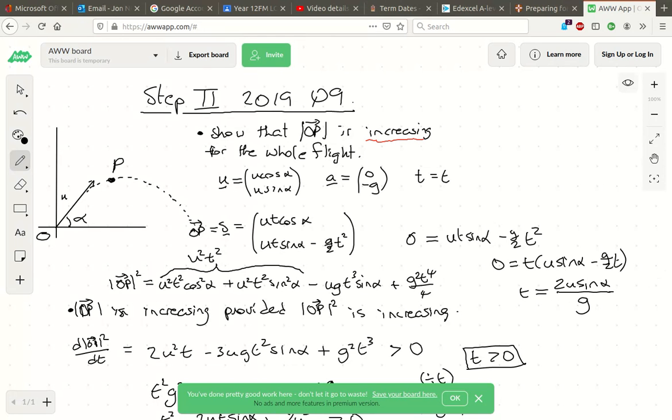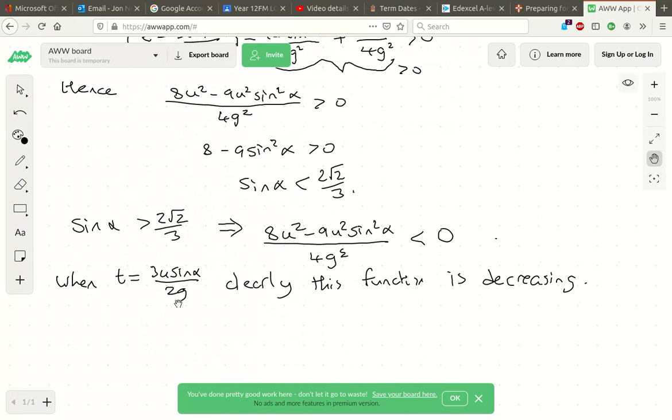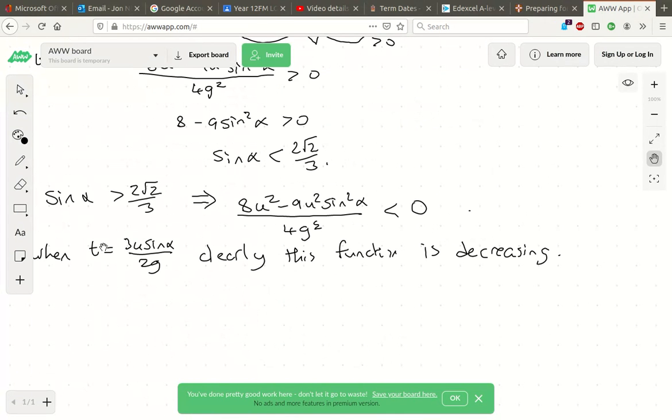Now, remember, we had 3u sine alpha over 2g, which is essentially 1.5u sine alpha over g. This is 2u sine alpha over g, and so this is definitely before the end of the flight.